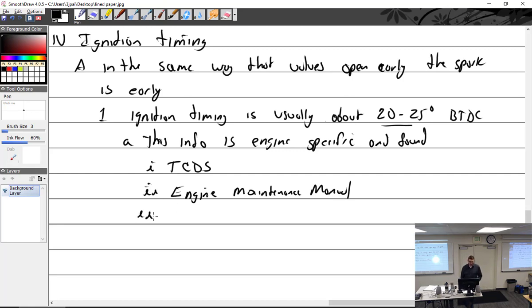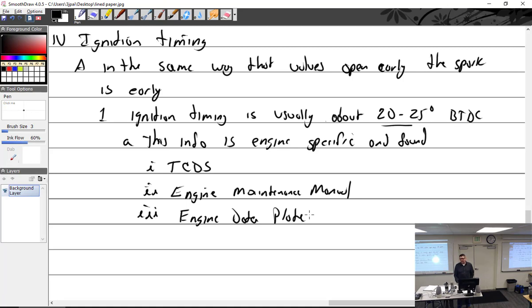What else we got? How about the engine data plate? It's almost always on the data plate. A data plate you've got to be a little bit careful with. It should not happen because data plates are a big deal in aviation.